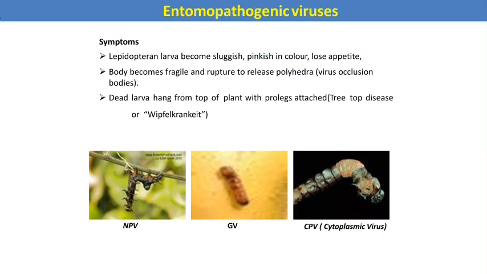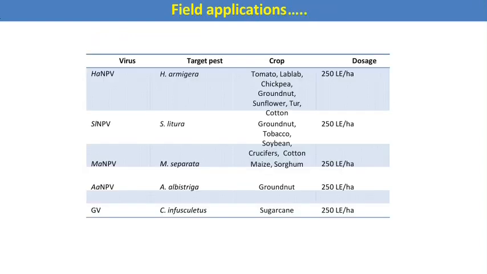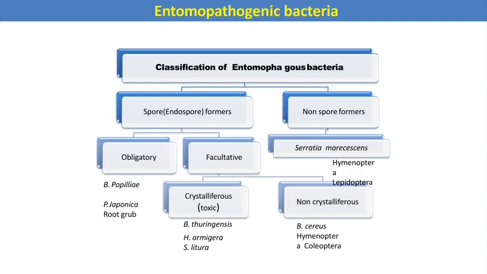Mostly NPV and GV are used against the different insect pest populations, and NPV causes tree top disease in caterpillars. Here HNPV is mostly used against Helicoverpa armigera, SLNPV mostly against Spodoptera litura, and here these are some of the other biopesticides we can also use against the different insect pest populations in crops.